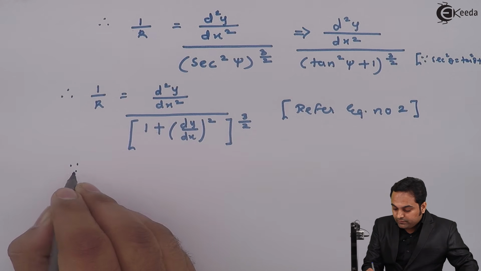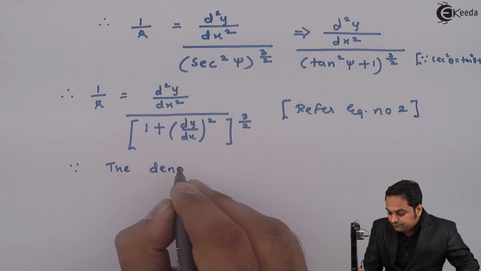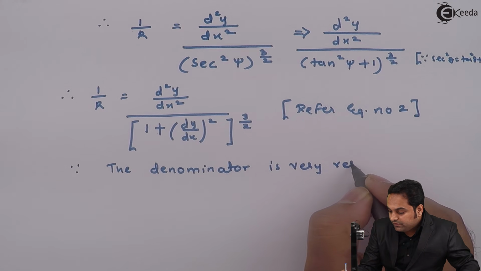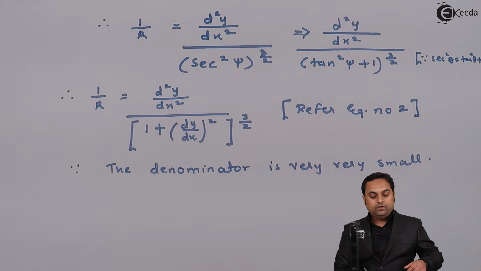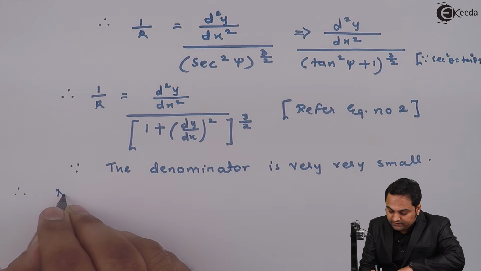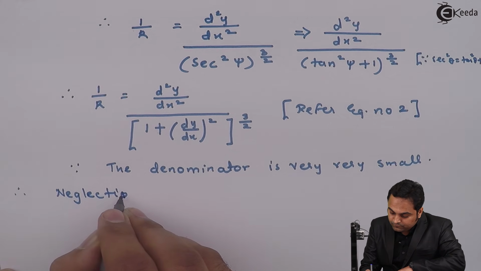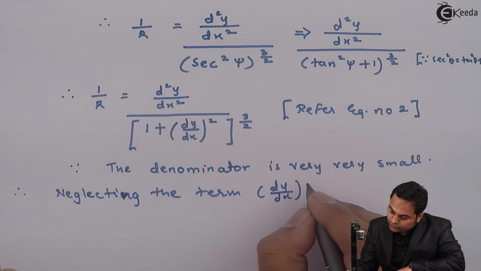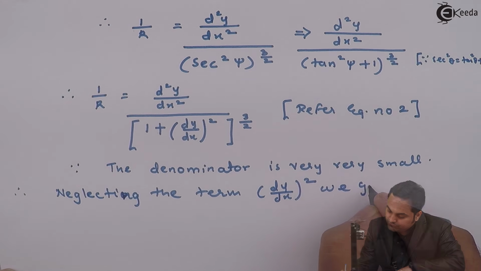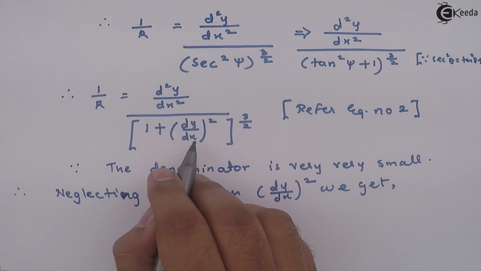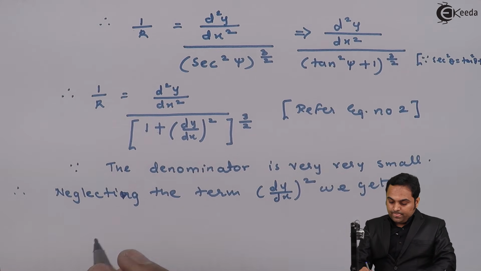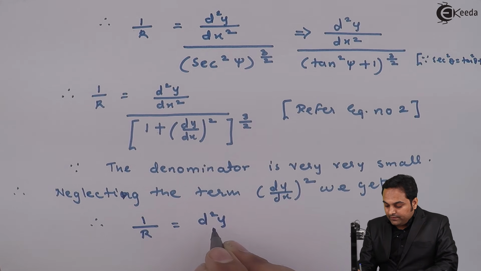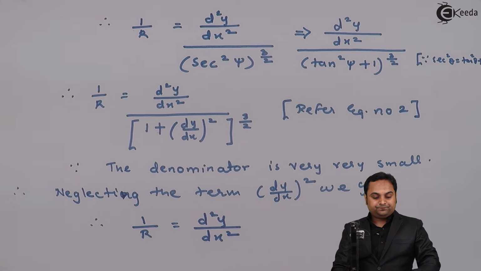So I'll write down, since the term in the denominator is very small, therefore neglecting the term (dy by dx) square, once I neglect this term, the denominator becomes 1, so I am left with 1 upon r is equal to d square y by dx square.